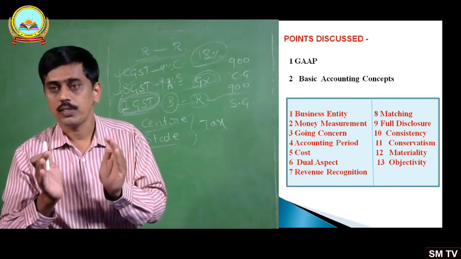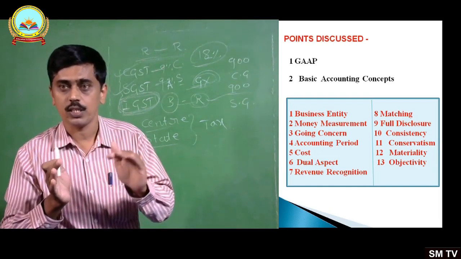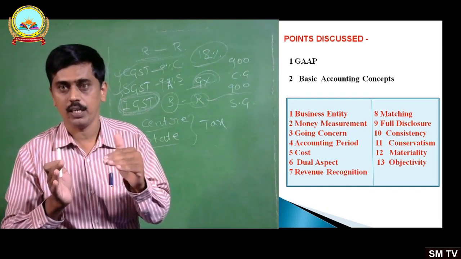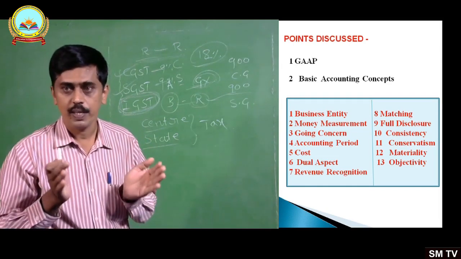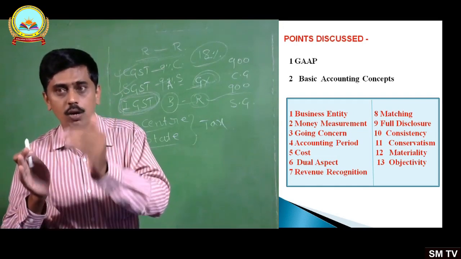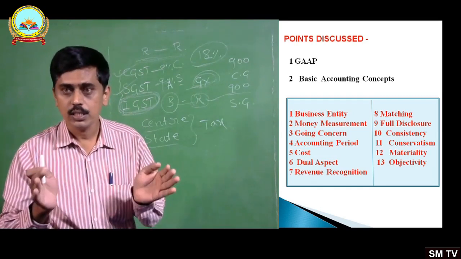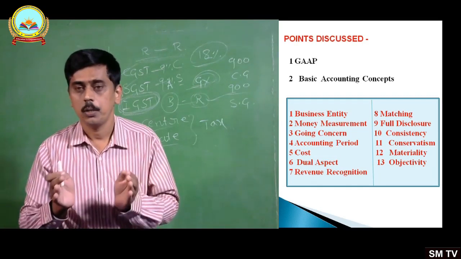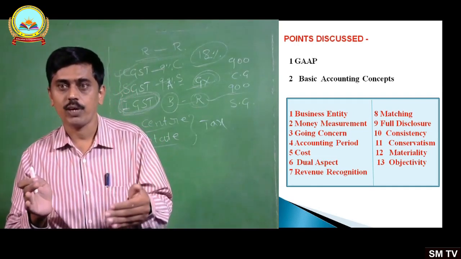Consistency concept says that the methods and policies followed should be consistent. It should not change time and again, isn't it? And next, conservatism concept, what it says, anticipate all probable losses and provide for it, but do not consider anticipated profits. Then materiality concept says all material facts should be shown.